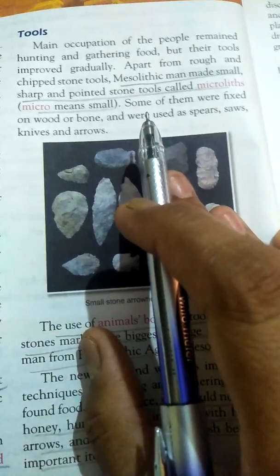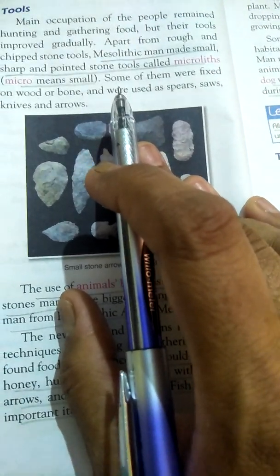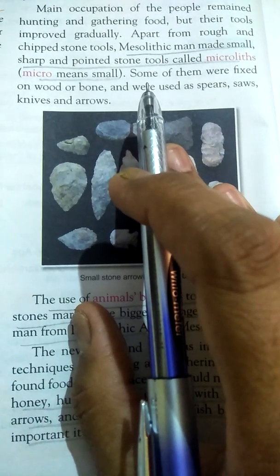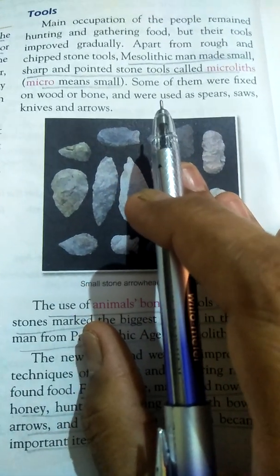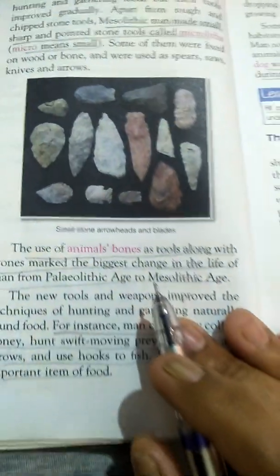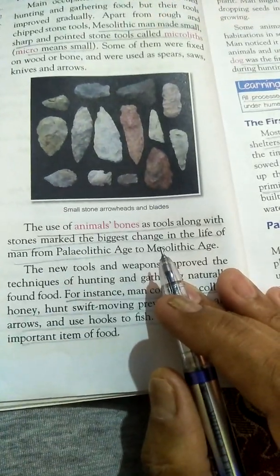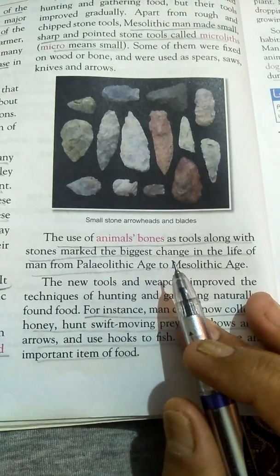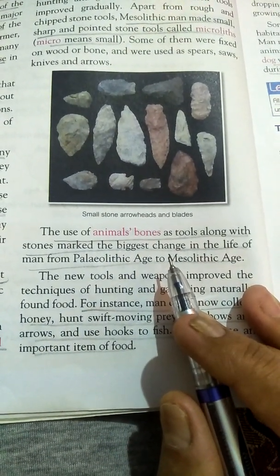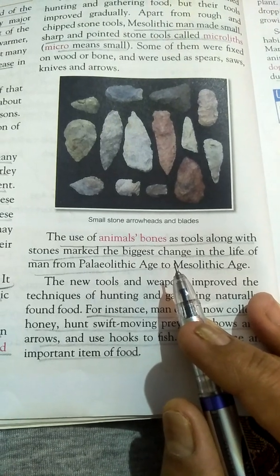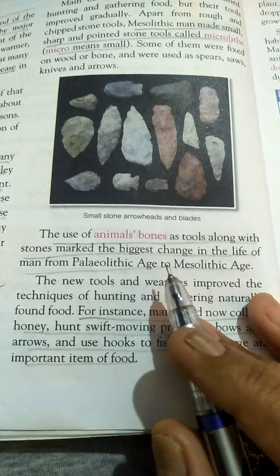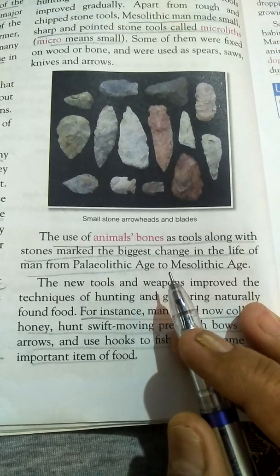He learned to make small tools by using bones and horns along with stones. These materials were more flexible and lighter than stone.